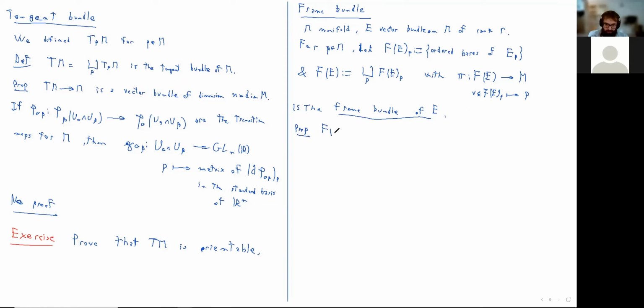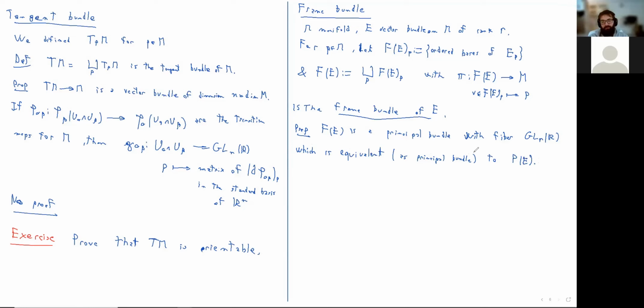So F(E) is a principal bundle with fiber GL(R, R), where R is the dimension of E, and not just as a bundle, but really as a principal bundle, equivalent to what we described before as P.